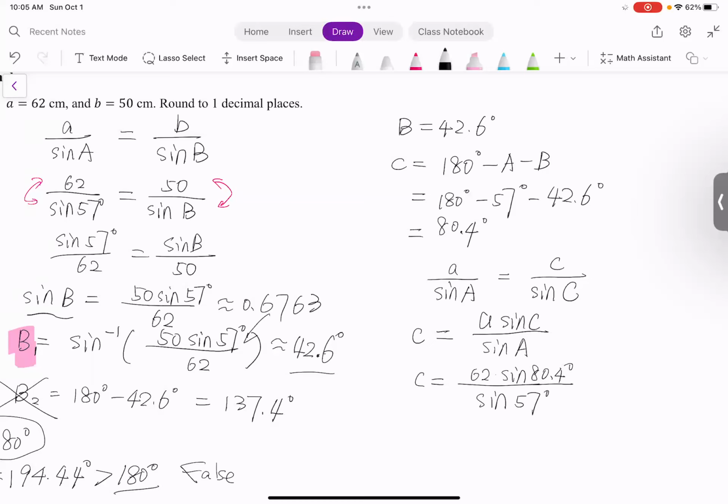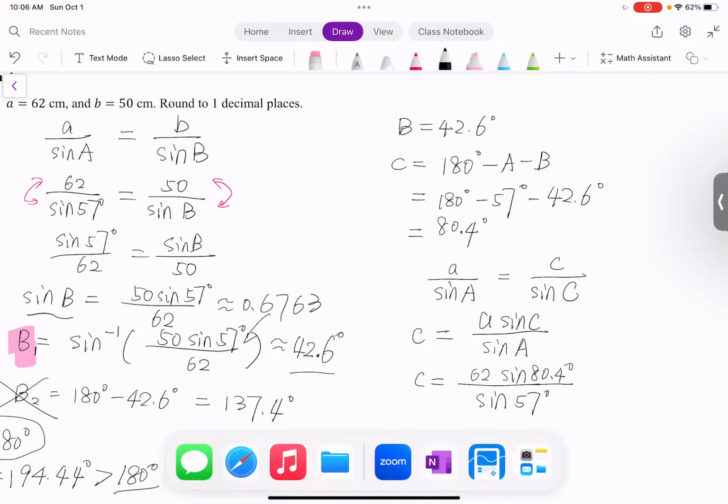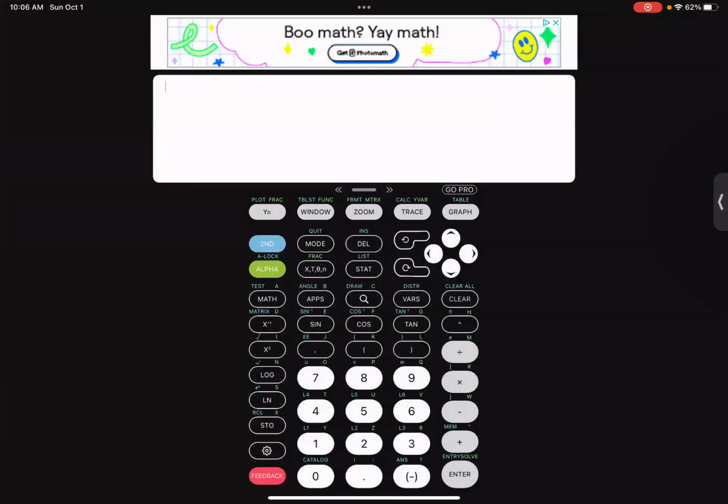And let's use our calculator to do the computation. We have 62 times sine 80.4, all divided by sine 57, close the parentheses. Hit enter.